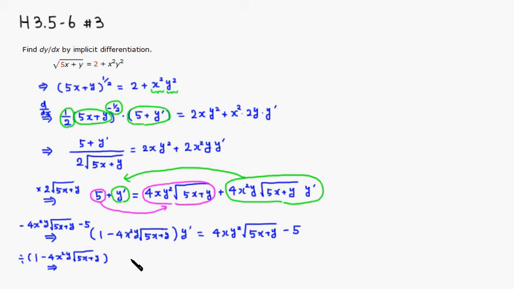So y prime is equal to 4xy squared square root of 5x plus y minus 5, all over 1 minus 4x squared y square root of 5x plus y.